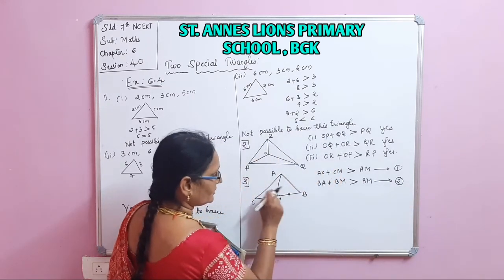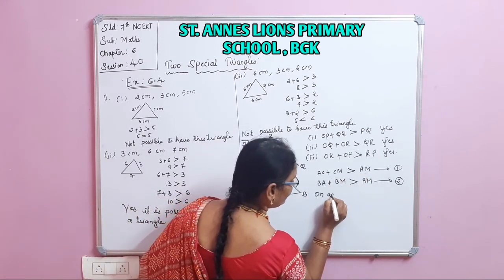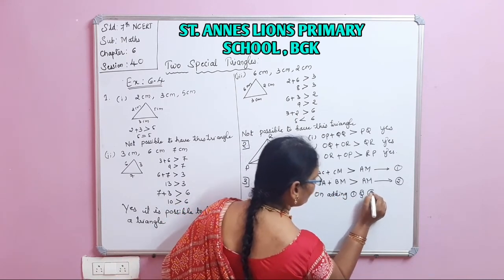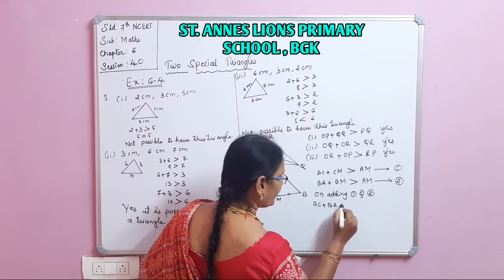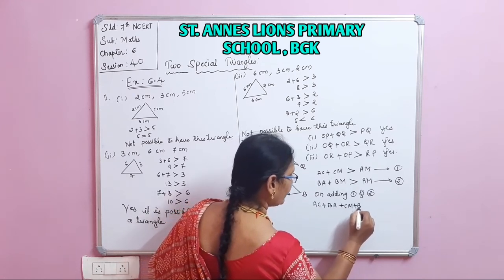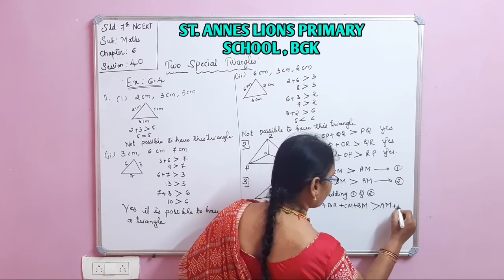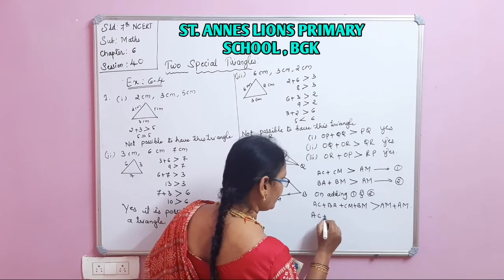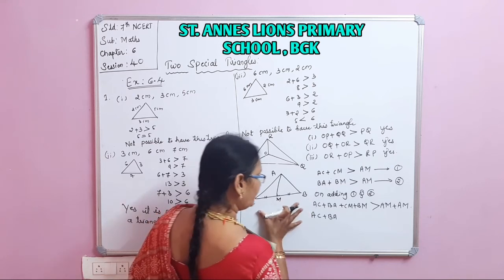In these two triangles, this is the condition given. Now on adding 1 and 2, what happens here? AC plus BA plus CM plus BM is greater than AM plus AM. Here CM plus BM is BC.